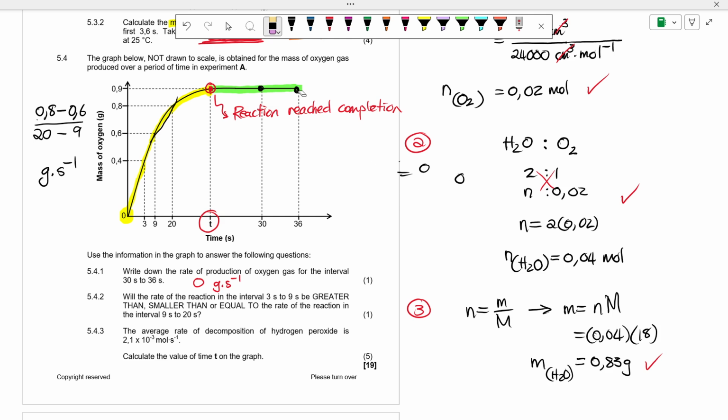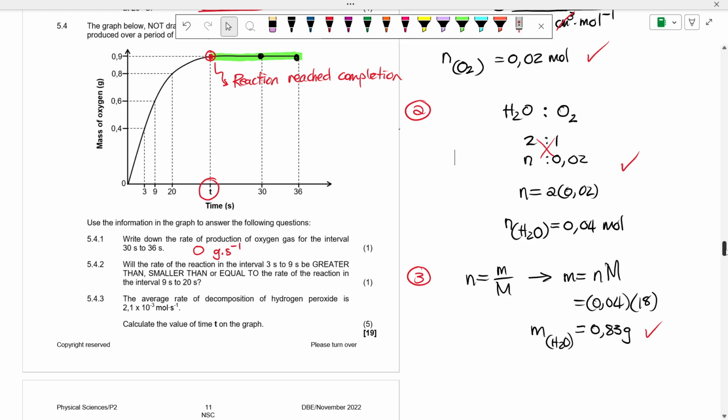Then let's proceed. You can read the question for me while I erase here. Will the rate of reaction in the interval 3 seconds to 9 seconds be greater than, smaller than, or equal to the rate of the reaction in the interval 9 seconds to 20 seconds? Okay, they do like that question, and you shouldn't get it wrong, guys. So you're looking at 3 to 9.